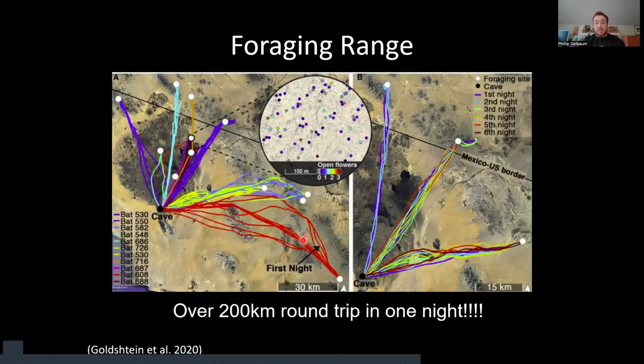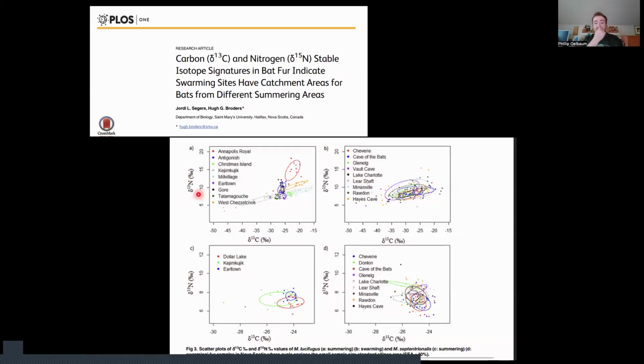So when we think about the foraging niche, the spatial niche of these bats, it's sometimes really context dependent and really mind-boggling, considering that all these bats share a space together, but then spread out so vastly across the landscape. Using carbon and nitrogen stable isotope analysis, we're able to see this in fission-fusion societies.